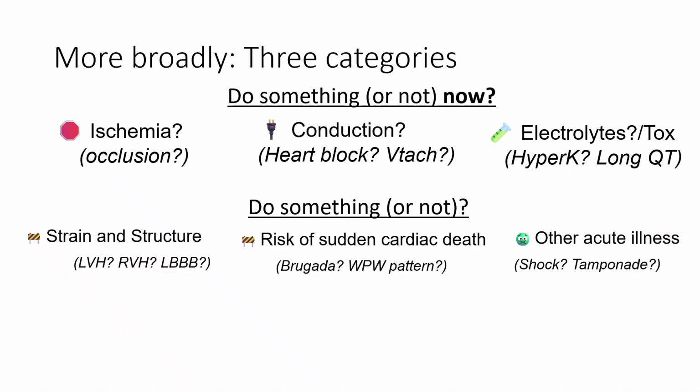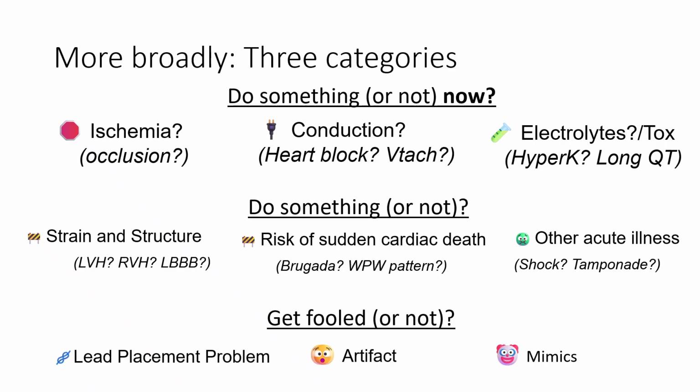And the get fooled category, comprising lead placement problem, artifact, and mimics. If you can reasonably rule in or out the above, you have most likely done your duty as an ED ECG interpreter. For now, though, let's focus on the do something now category and go over an approach to efficient ECG interpretation in a busy clinical setting.